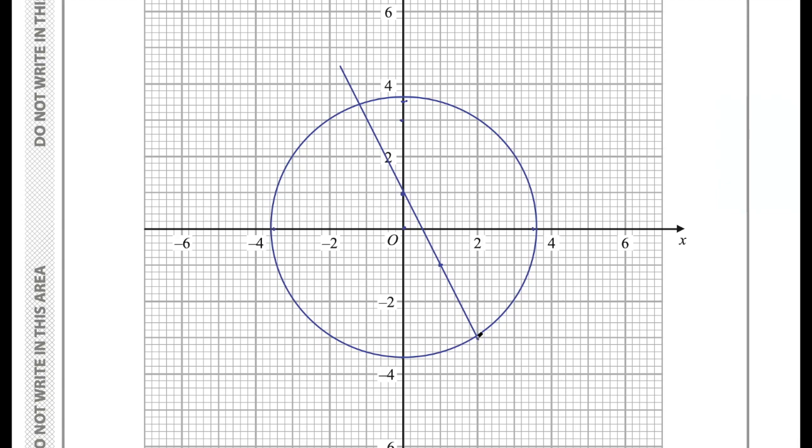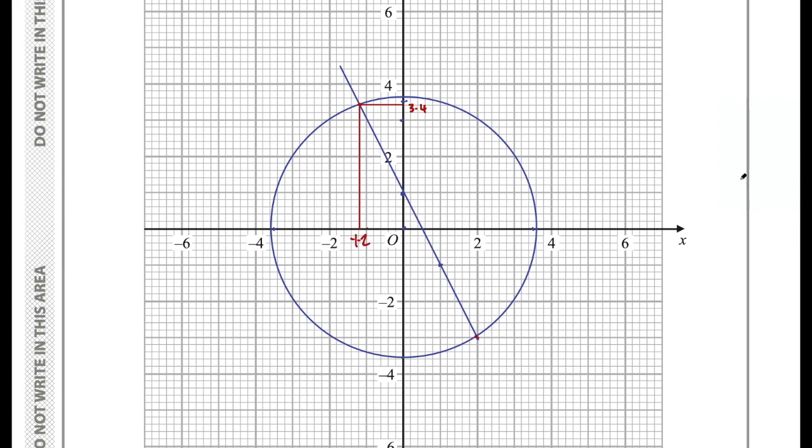So anyways, this point here is at about 2, -3, and this point up here is at about, if we go down to the x-axis, that's about -1.2, and this point here is at about 3.4 on the y-axis.